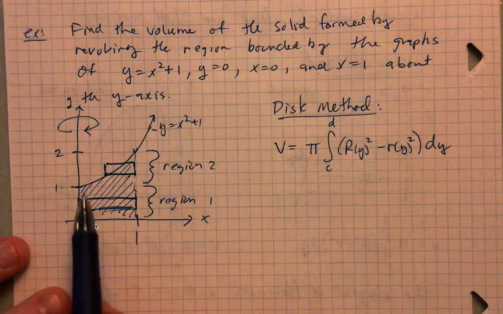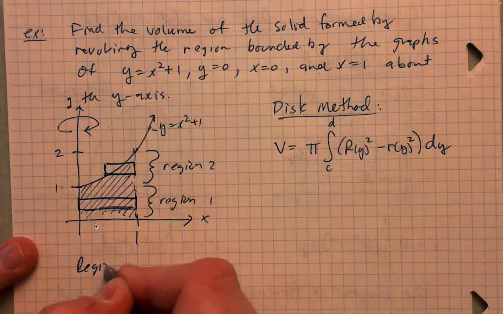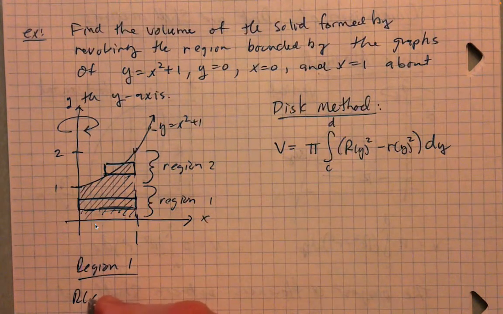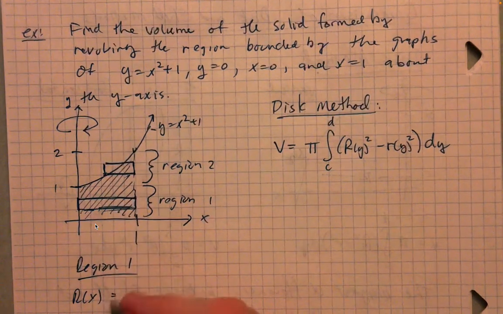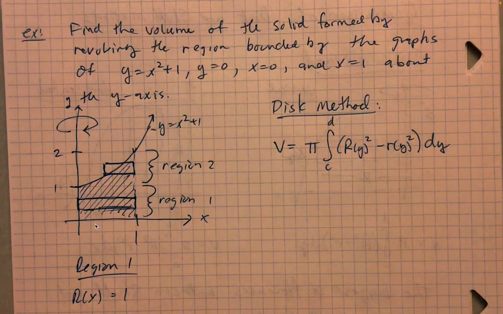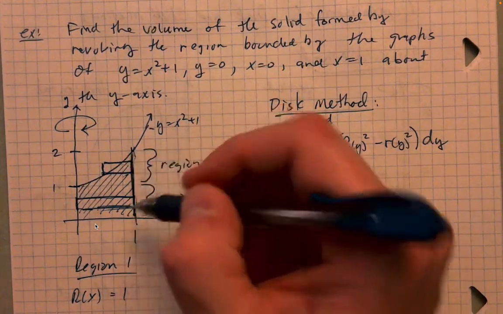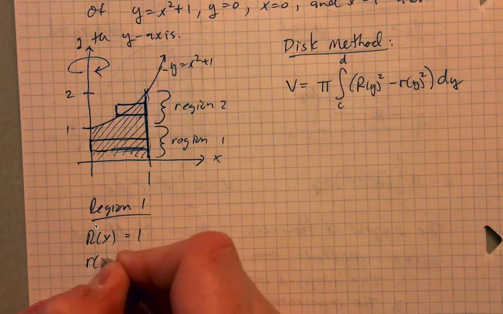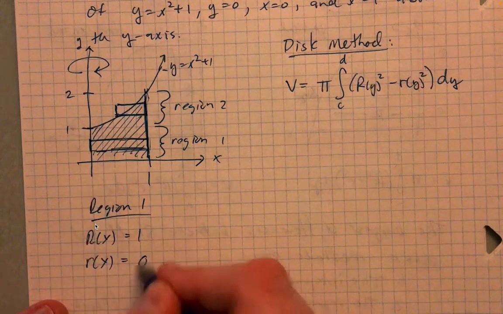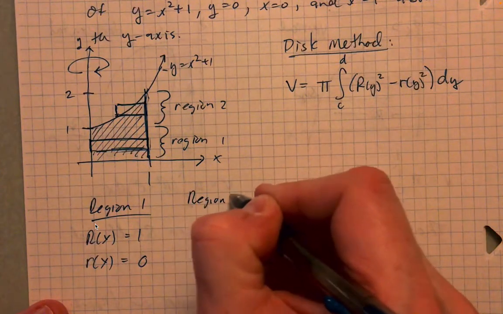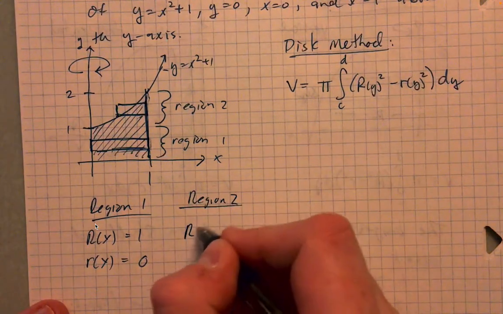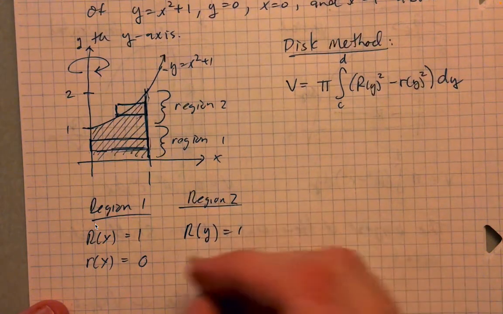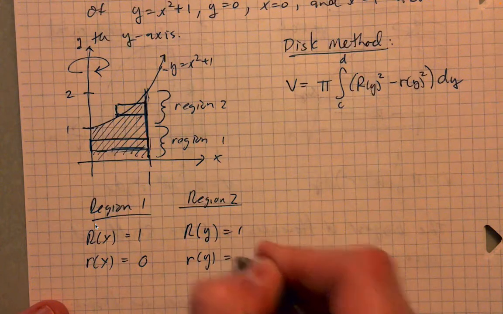Okay. So in region 1, our outer radius was just 1. You can see the outer radius is 1 across both regions, and the inner radius was 0. In region 2, the outer radius was again still 1, and the inner radius here was different.